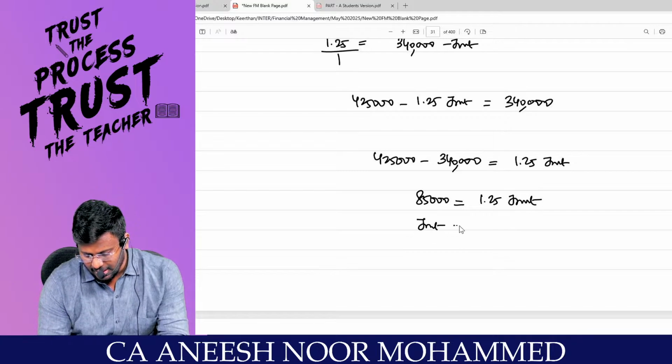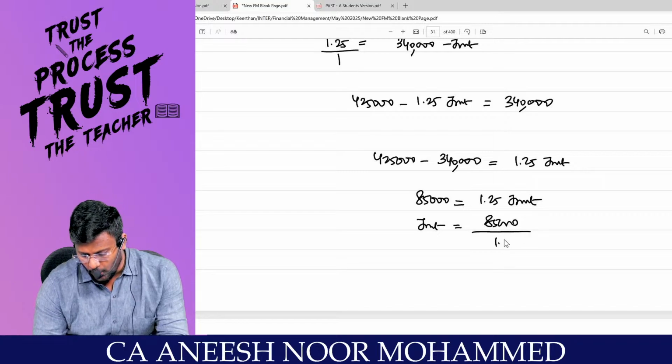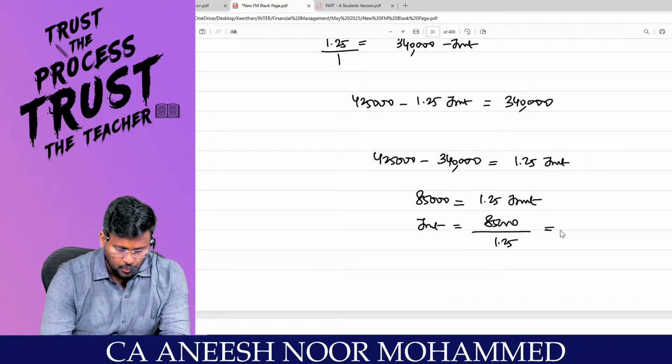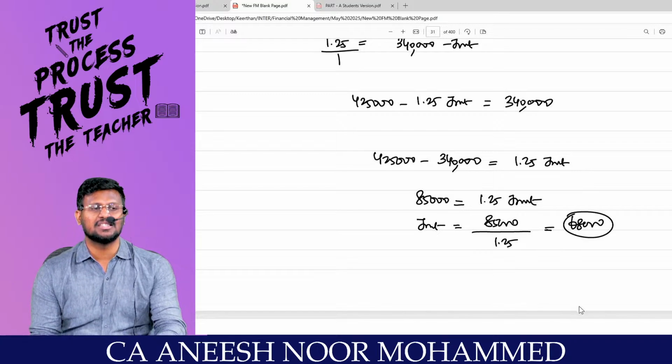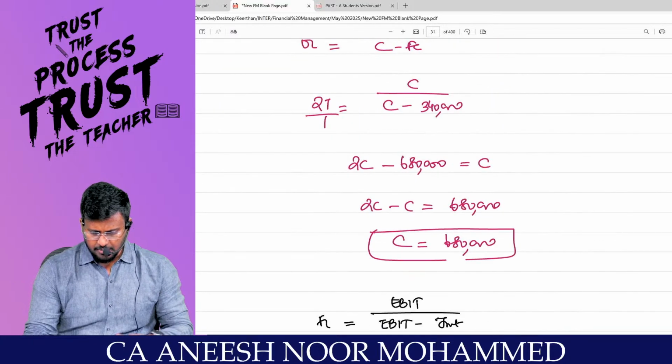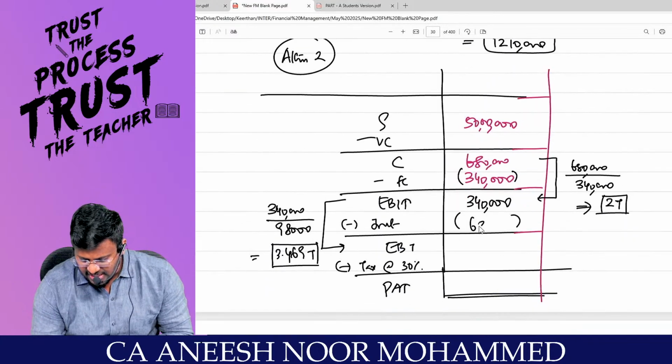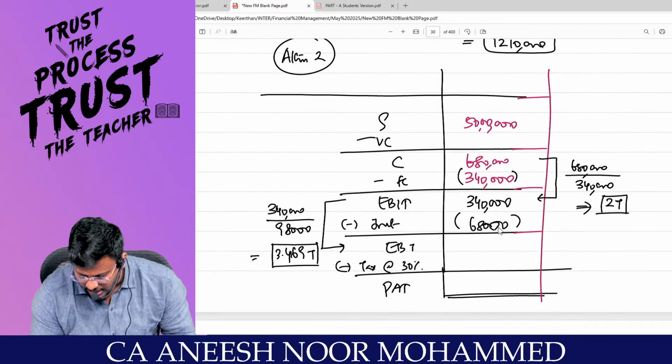So interest is equal to 85,000 divided by 1.25 comes to 68,000. Only that much interest is there. That means, my dear lovable students, 68,000 is the interest.